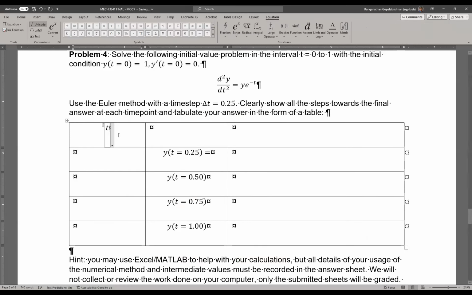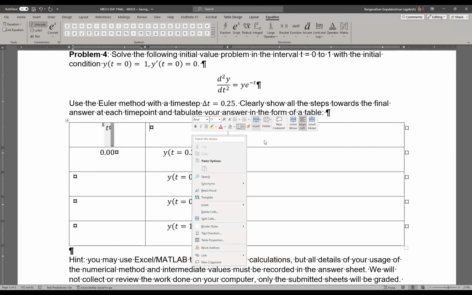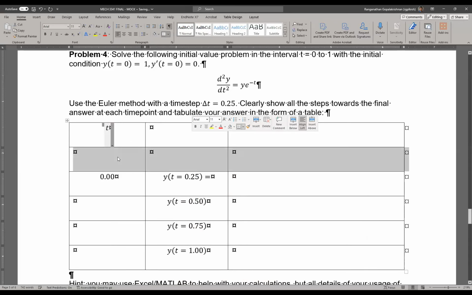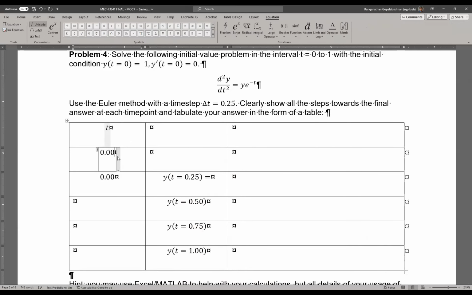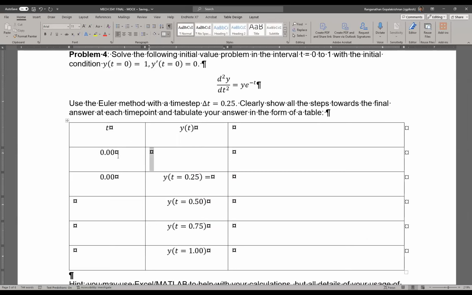So this is time. This is 0.00. Just making sure that it is easy to follow. Okay. So 0.00. What is the y value at 0.00? That is just the initial condition, which is 1.